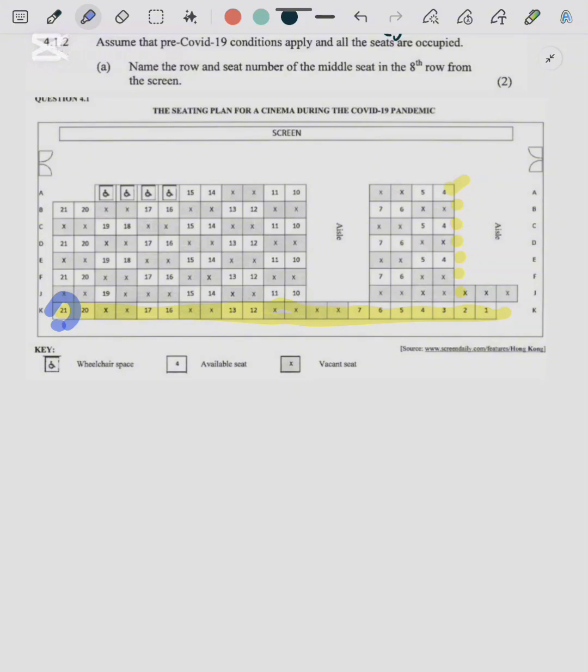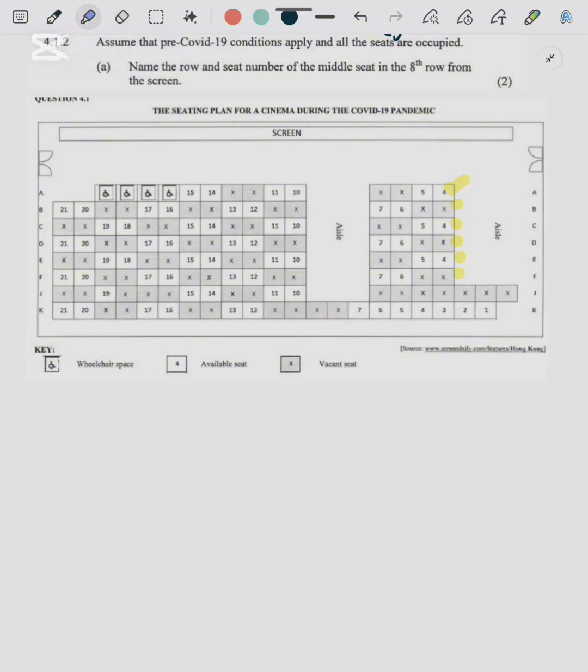You could just count, and you could just go, okay, count off this one, and kind of work your way all the way through until you get to the middle. That would be one way of doing it. The other way of doing it would be to go, well, half of 21 is actually 10 and a half, which means I should have 10 seats on each side.